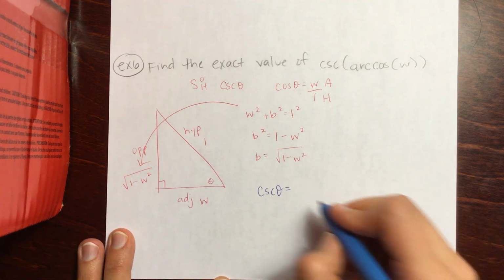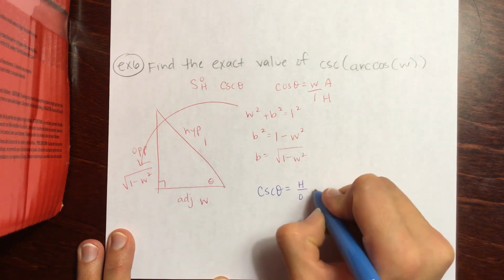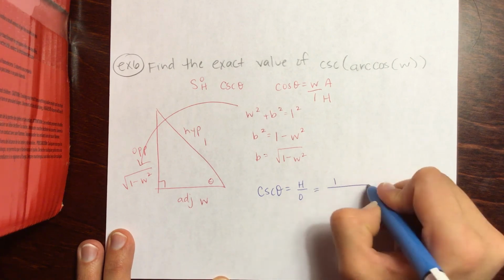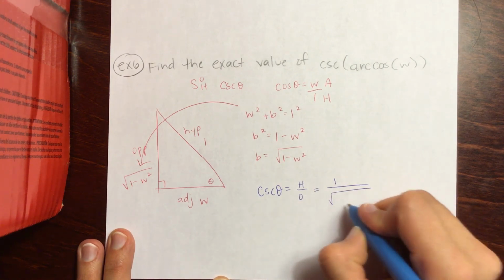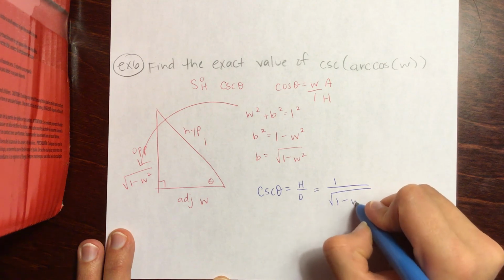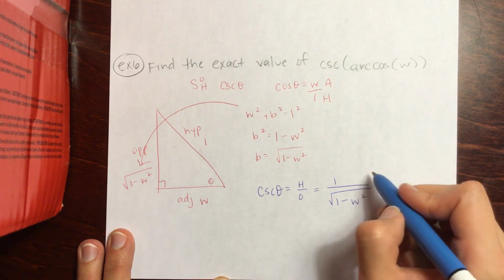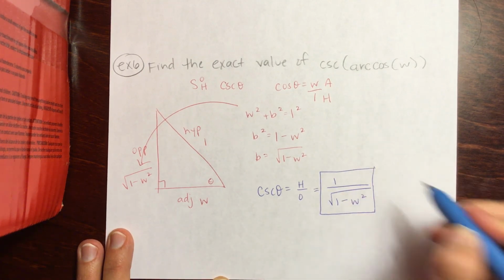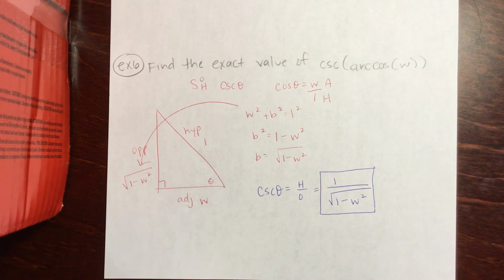The cosecant fraction is the reciprocal of the SOH fraction, the sine fraction. So it's 1, the hypotenuse, over this square root. This is one case where you do not have to rationalize. I will not ask you to do that because that's more than we need to get into.